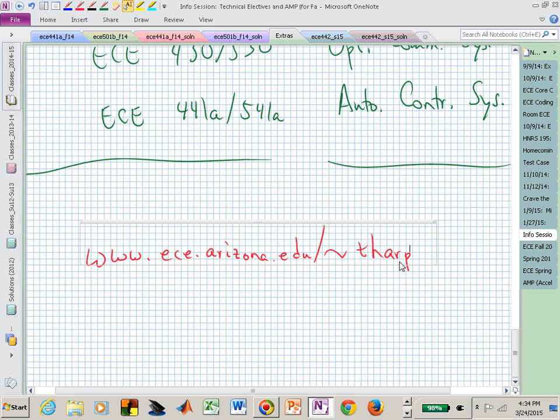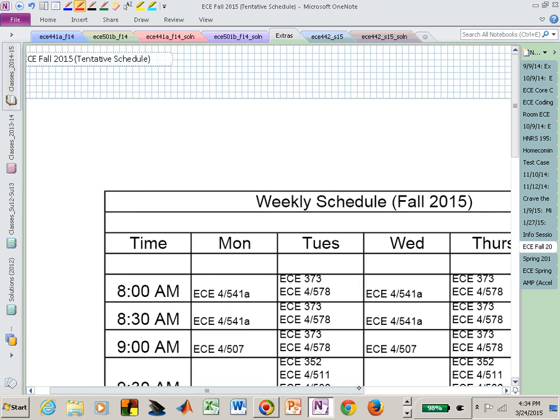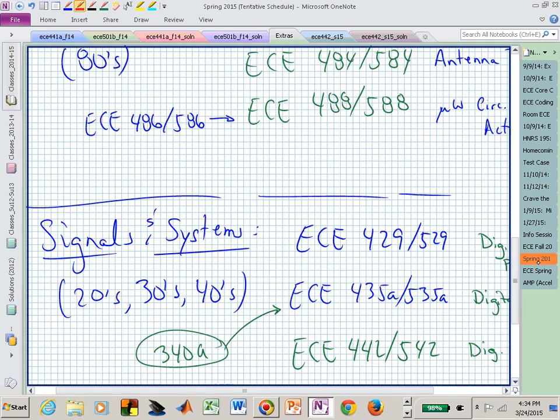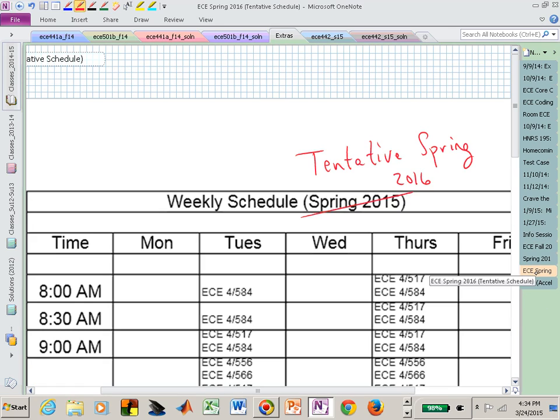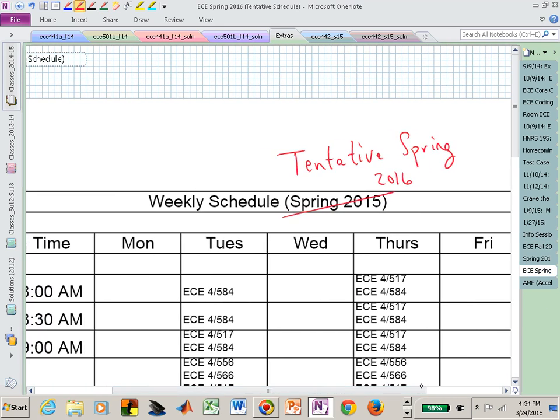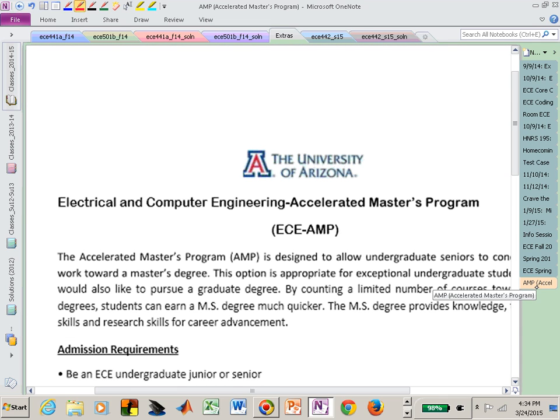That answer your question? So that will give you the different weekly schedules for the fall and the spring. You actually have those implicitly in the schedule of classes, but this sometimes is a little easier to highlight if you're thinking about how you're going to plan your semester. Other questions? Yes.